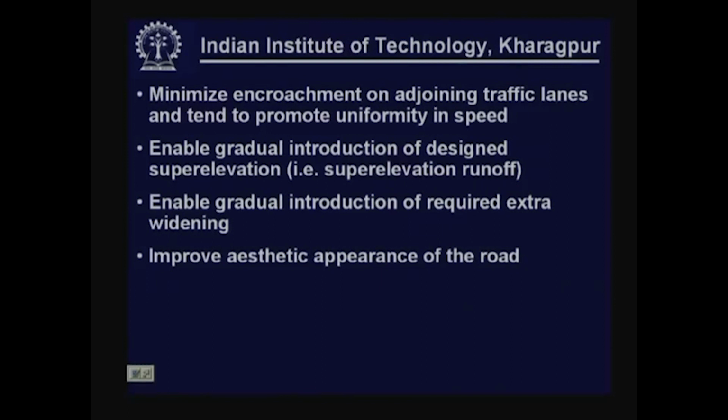Number 4, you are already familiar with the need and the method of providing super elevation. Now, super elevation, or the rotation of pavement from the normal cambered section to the required cross slope compatible with super elevation, cannot be done instantaneously.